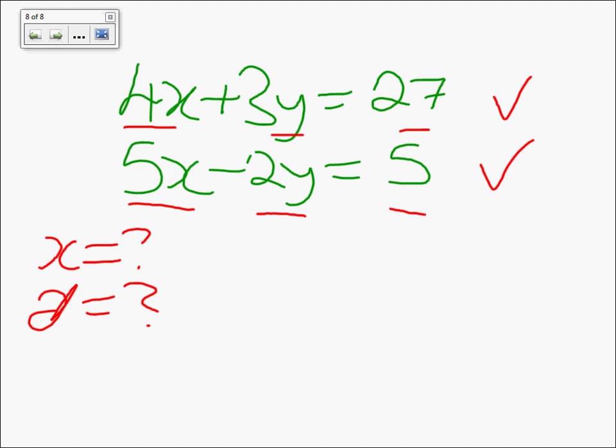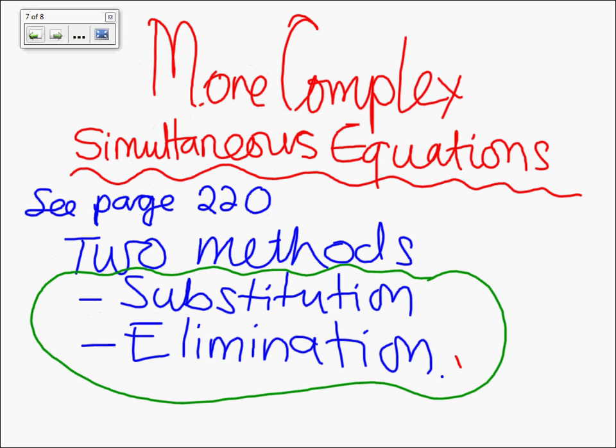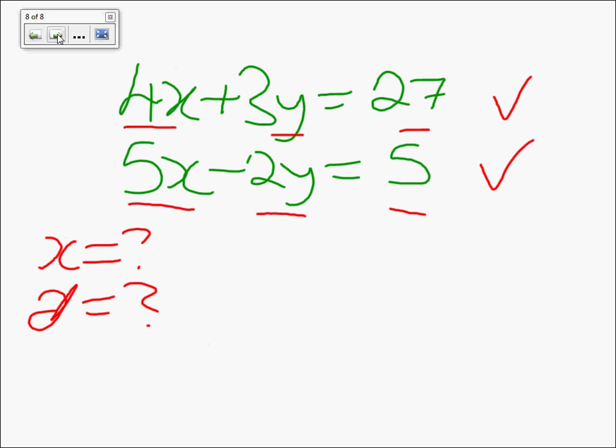Let's start the process. One of the things we're going to look at here is the method of elimination. What we mean by elimination is that we want to get rid of either the term in x or the term in y.